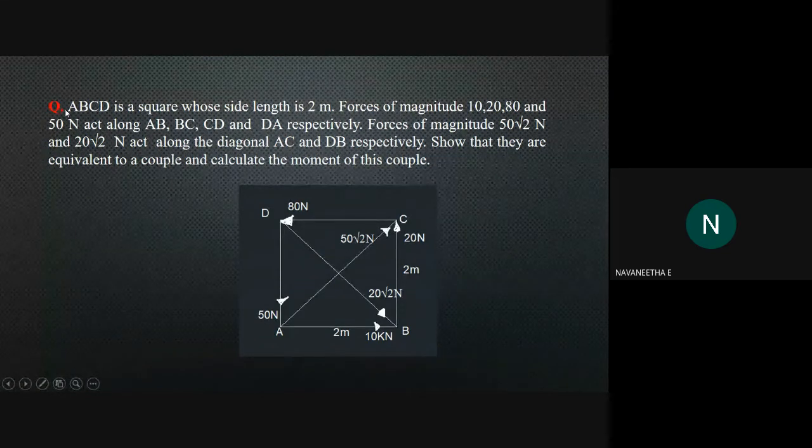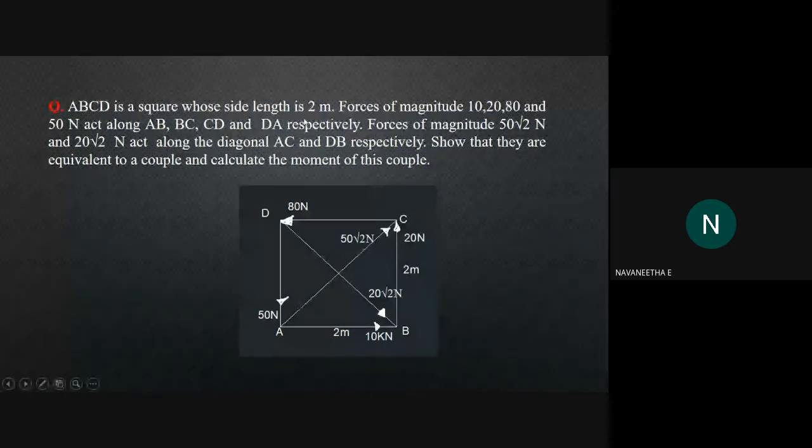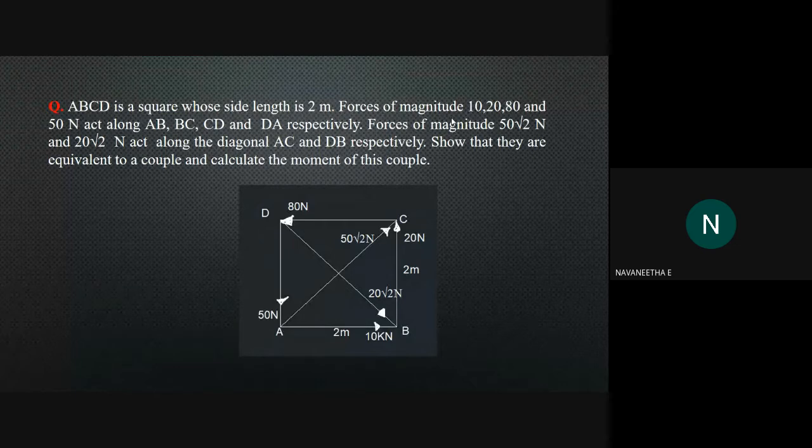ABCD is a square whose side length is 2 meter. Forces of magnitude 10, 20, 80 and 50 Newton act along AB, BC, CD and DA respectively.